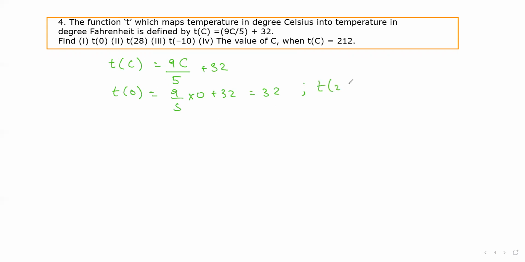T of 28 will be equal to 9 into 28 upon 5 plus 32. This will be equal to 252 upon 5 plus 32. This is 252 plus 160 upon 5, which will give you 412 upon 5.